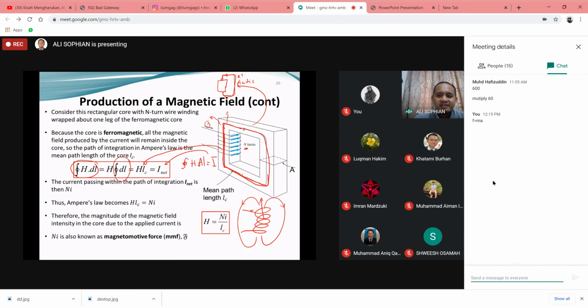The current will be the magnitude of the current multiplied by the number of turns, so the net current flowing into the loop is N times I. Therefore you have this equation down here: H lc equals N i, which is a nice, easy equation. It shows us the relation between the magnetic field intensity H and the current I.